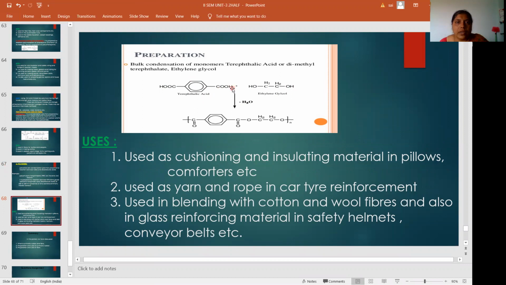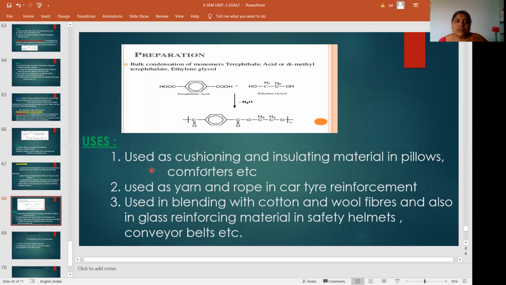This is undergoing reaction with ethylene glycol. From this OH group remove, from this OH group remove. So here H is removed, H is removed. So CO, benzene ring, CO, O, here O will remain, CH2, CH2, O. Like this we are preparing terylene.